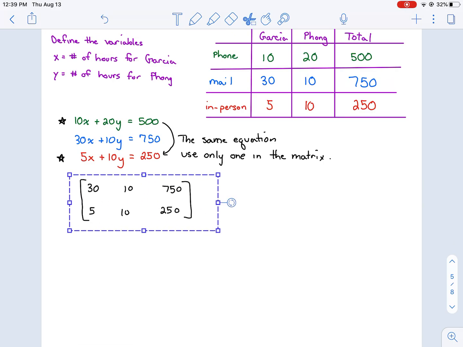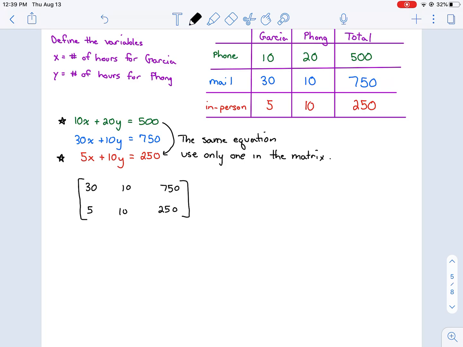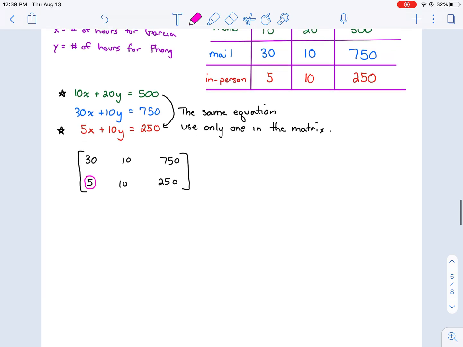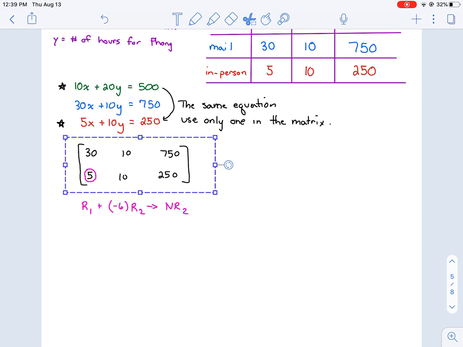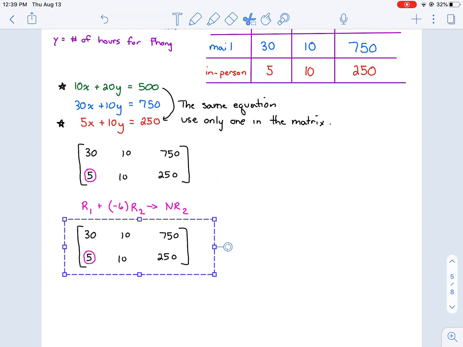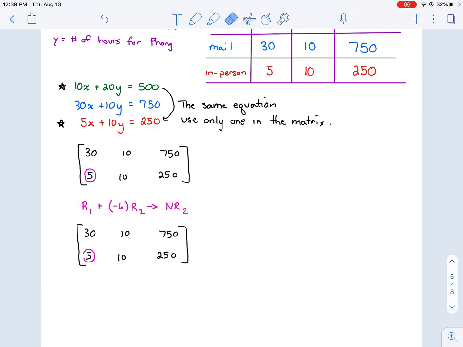Okay, and now we are ready to solve this problem. We're going to start by making this 5 a 0. And we can do that by taking row 1 and adding it to negative 6 times row 2, and that will produce a new row 2. So row 1 doesn't change, but the bottom row will.